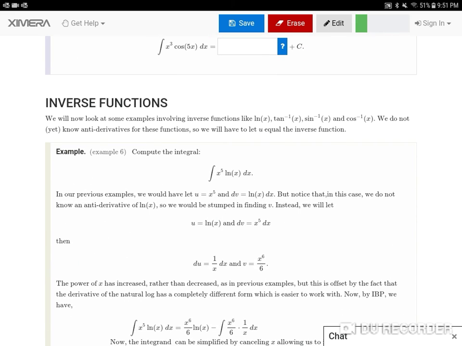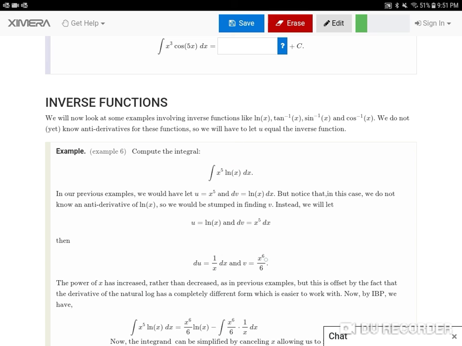But when we have inverse trig functions, we need to know which one is u and which one is dv. The more convenient case is when you have natural log of x: u is the natural log of x and dv is the polynomial, because when you differentiate natural log of x, it becomes simplified.